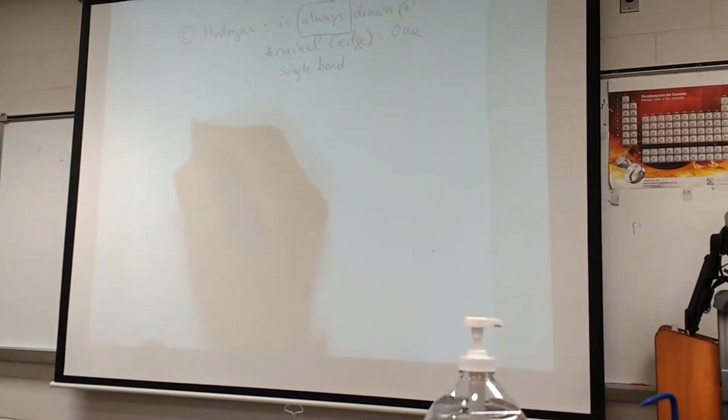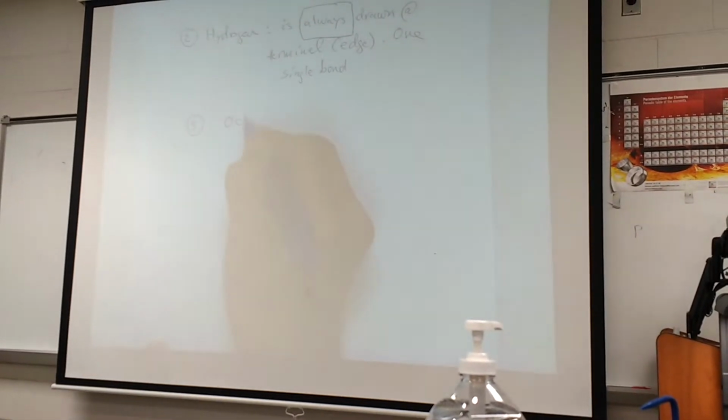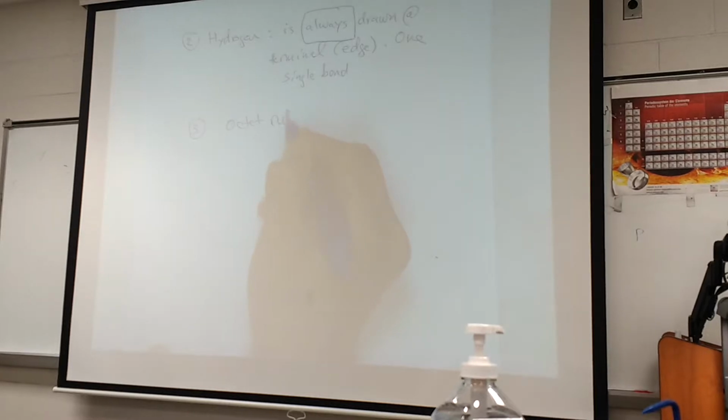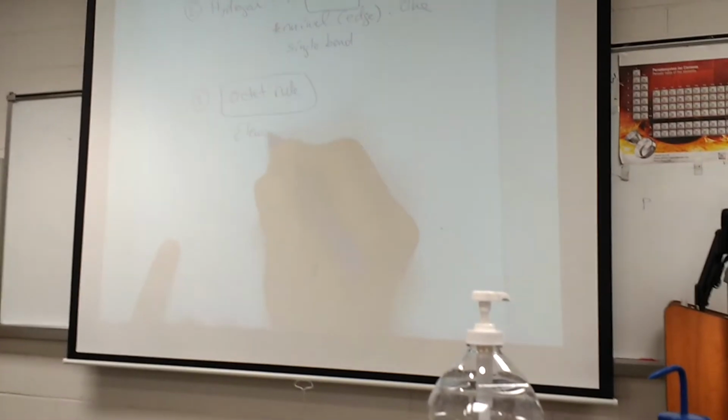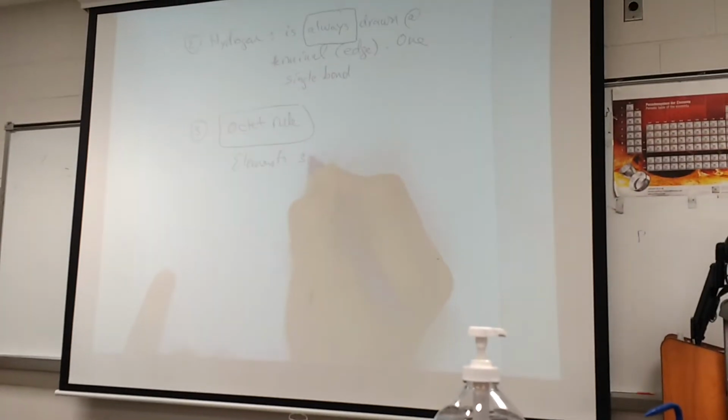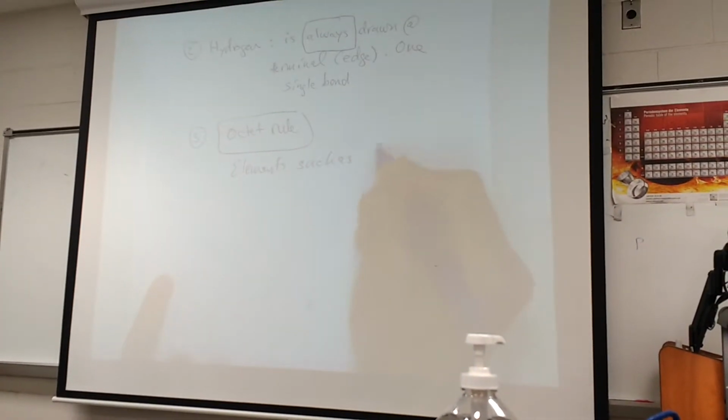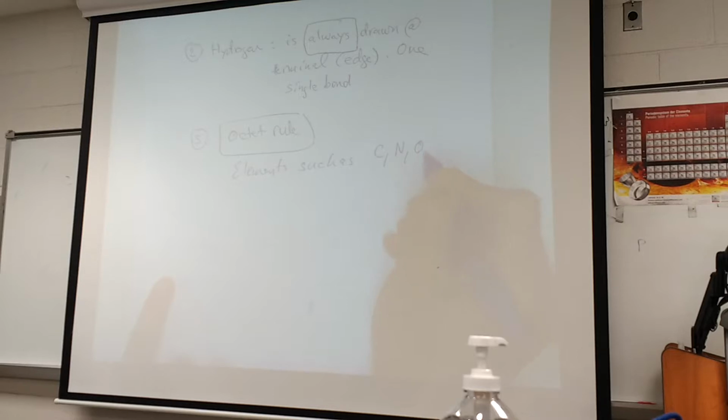Number three, we talked about the octet rule. The octet rule, we'll consider mostly elements such as carbon, nitrogen, oxygen, and fluorine.